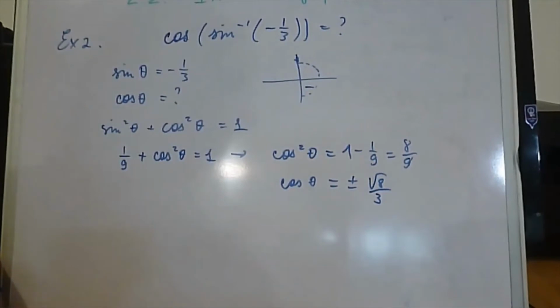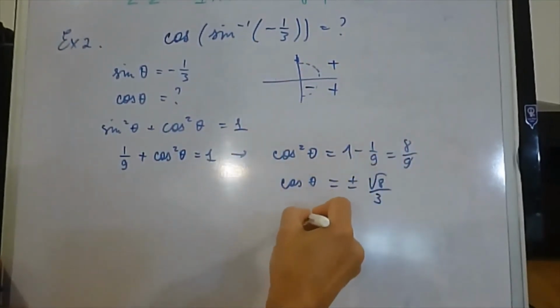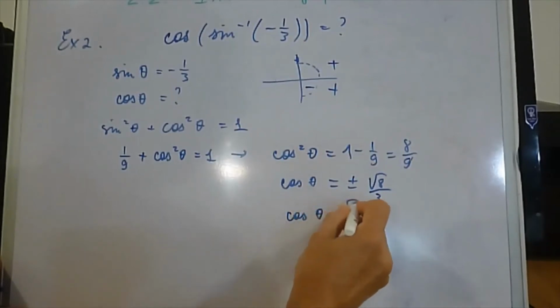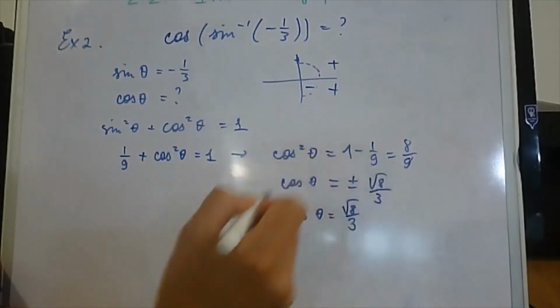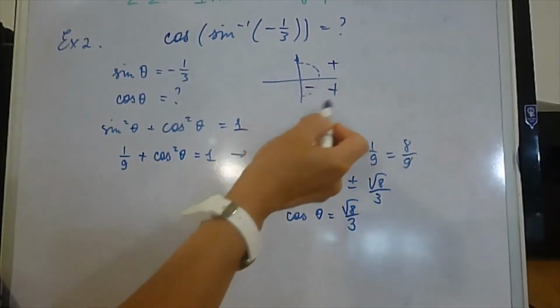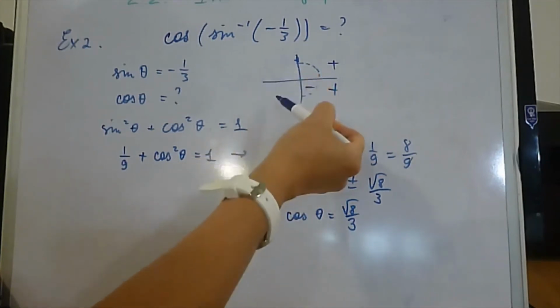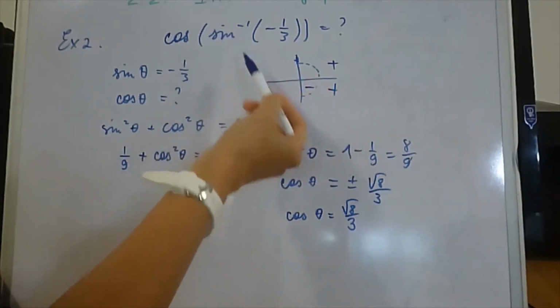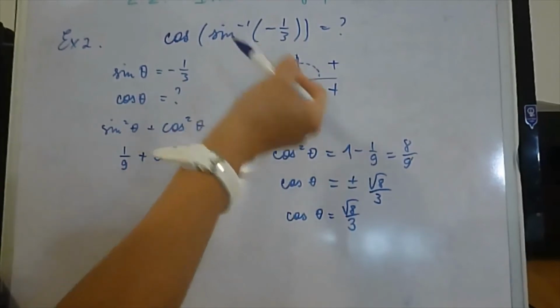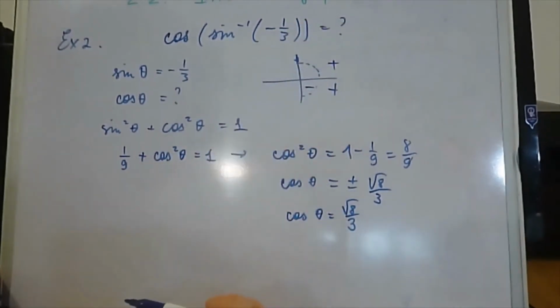Well, we do know that cosine is positive here, so we are going to use a positive value for cosine. Cosine of theta equals the square root of 8 over 3. And again, we are choosing positive because sine is negative over here, but cosine is positive. We don't consider these two parts because the sine inverse range is from negative pi over 2 to pi over 2, so only over here. Okay?